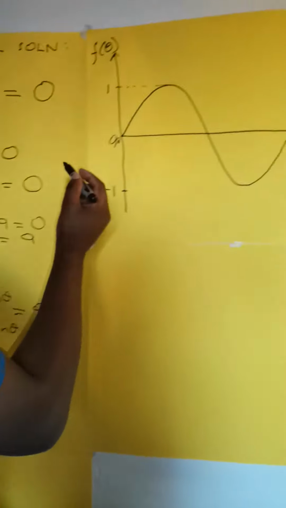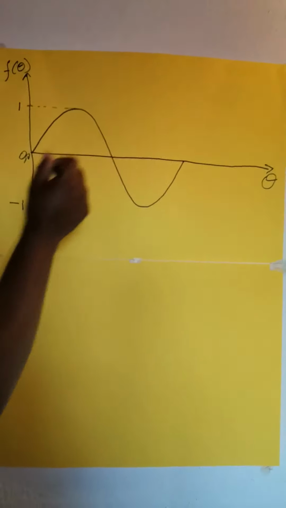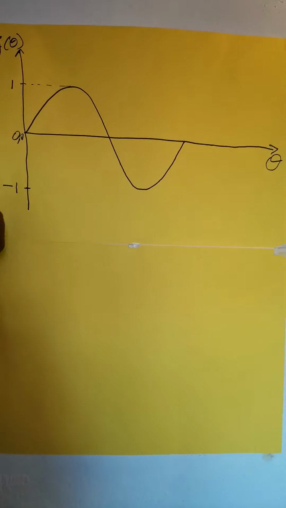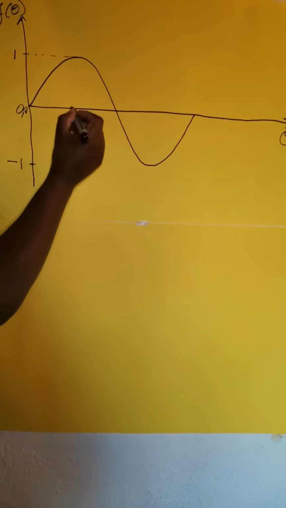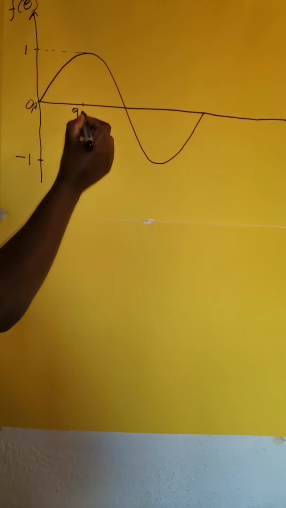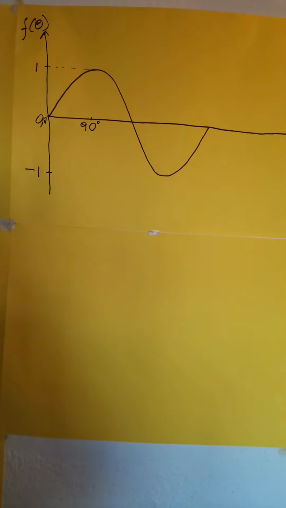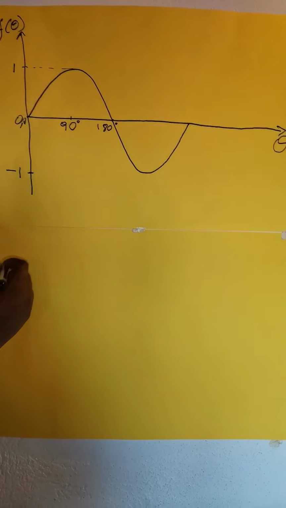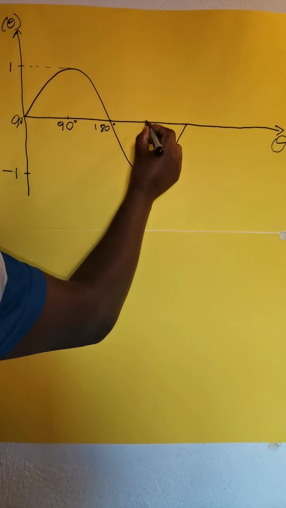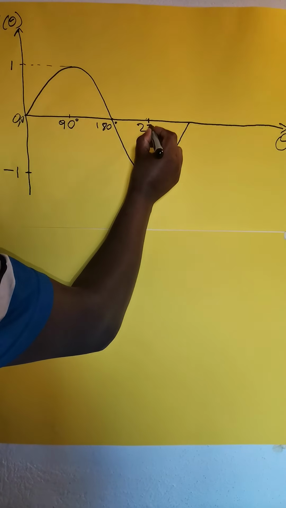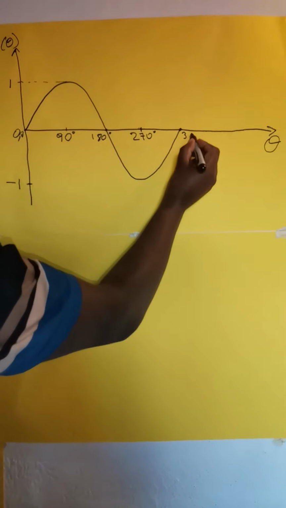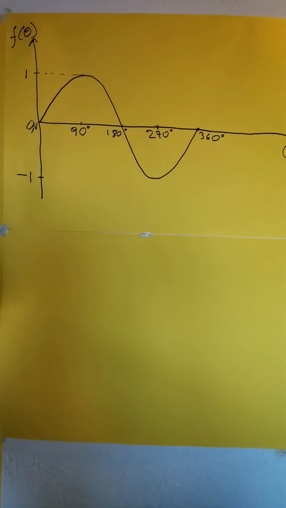If we label the values of theta that satisfy this sinusoid, you have 0 at the beginning, and then you have 90 degrees or pi over 2, but let's stick with 90 degrees since we are at grade 12. Then you have 180 degrees, 270 degrees, and 360 degrees, and this continues on and on.